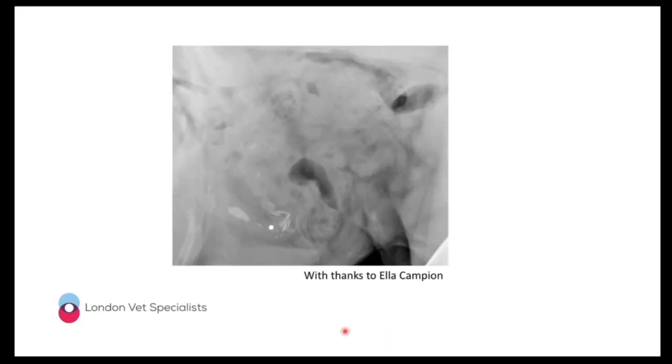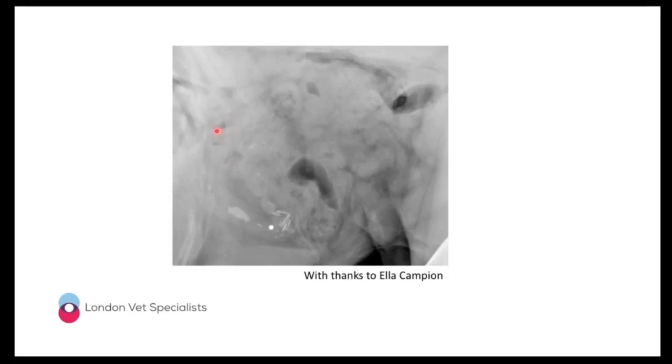So if we take a closer look at that, one of the things that I want you guys to take away from this image is how the gas looks within the bowel in this patient with a linear foreign body. So you have focal areas of gas lucency that are almost comma-shaped, and you have lots of them, and that's the gas that is within the lumen of the small bowel that is all plicated and all concertinaed up.